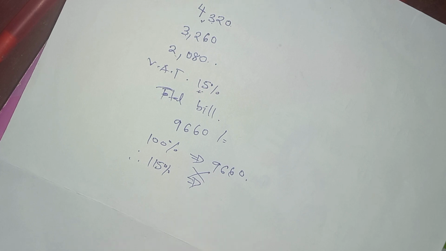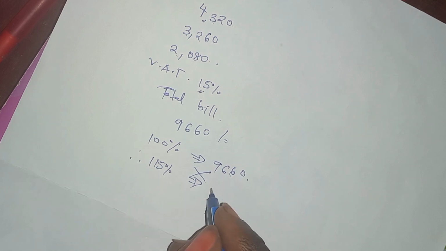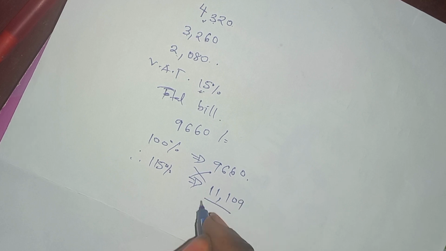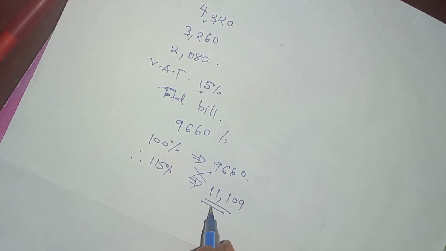When you cross multiply 115, then you divide by 100, you will get 11,109. 11,109 is now the total charge, the total bill that is going to be paid.